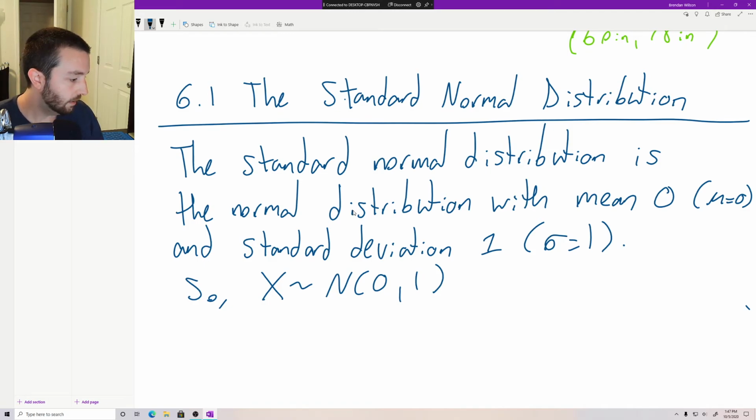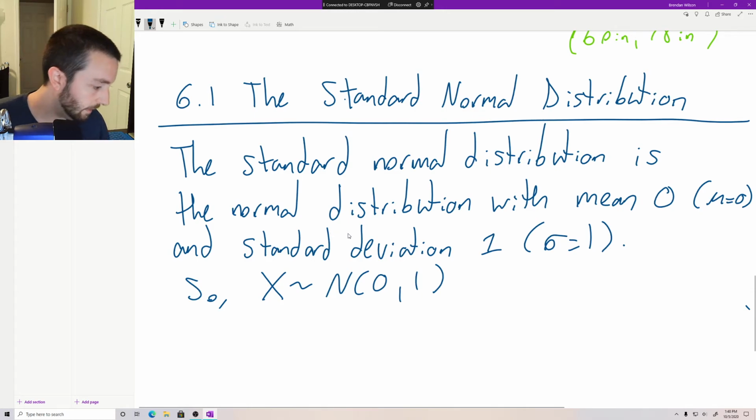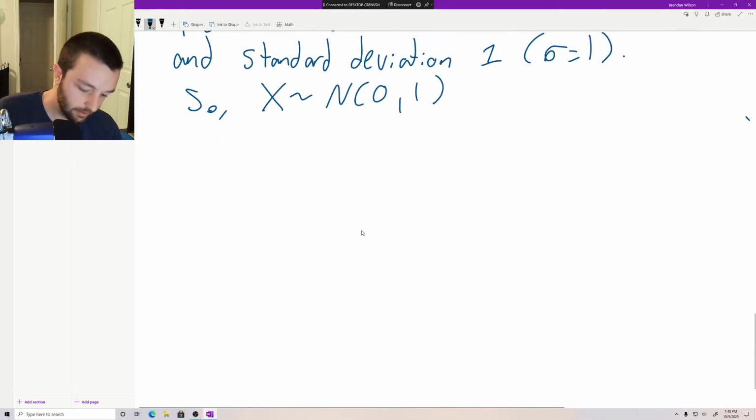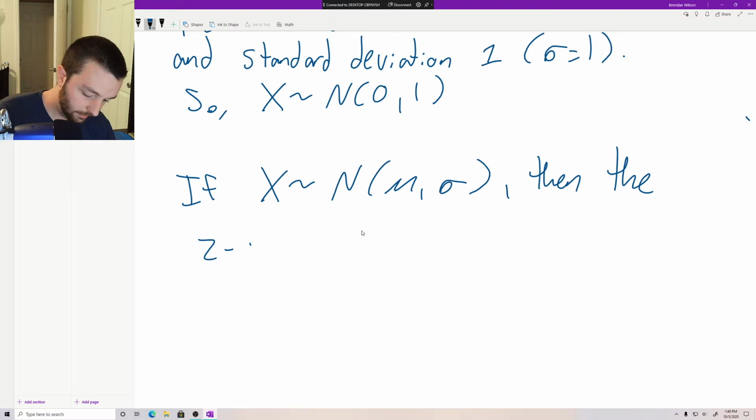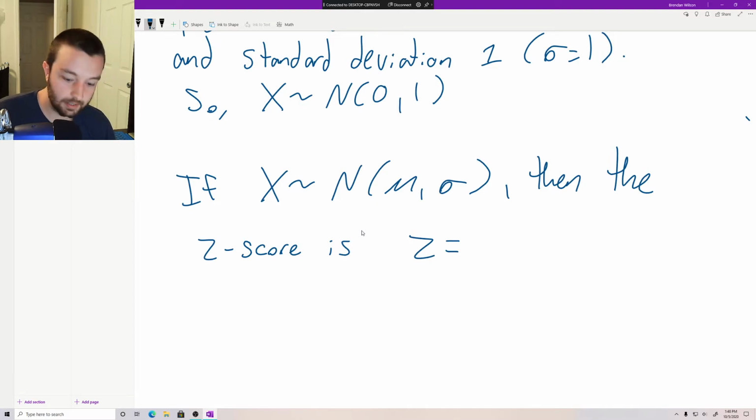If X is normally distributed with some mean and some standard deviation, mu and sigma, then the z-score, which we call z, is going to be x minus mu divided by sigma.